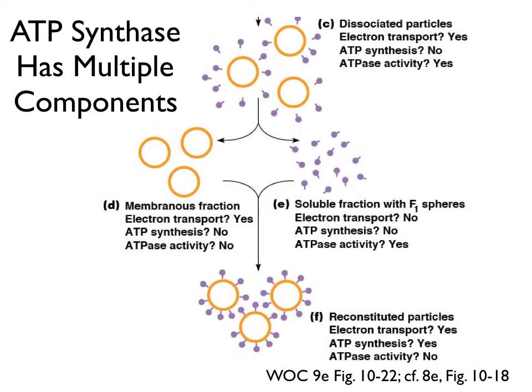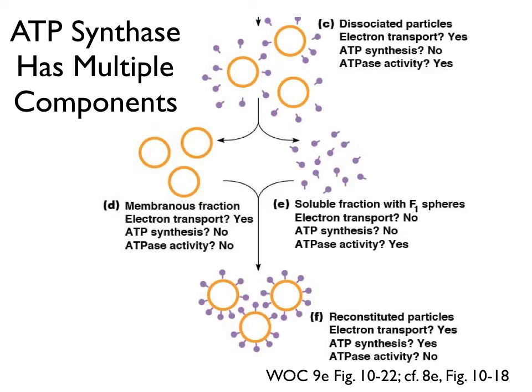All right, well, we can continue this kind of process. So the membranes isolated on their own, shown on the left, they can do electron transport, but because the ATP synthase component is missing, the lollipops, we cannot make ATP, nor can we hydrolyze ATP, the reverse reaction. That's because the lollipops are what do that.